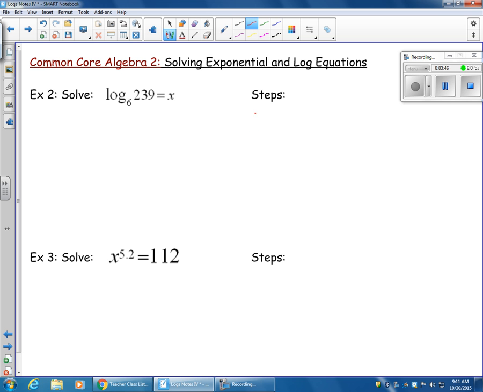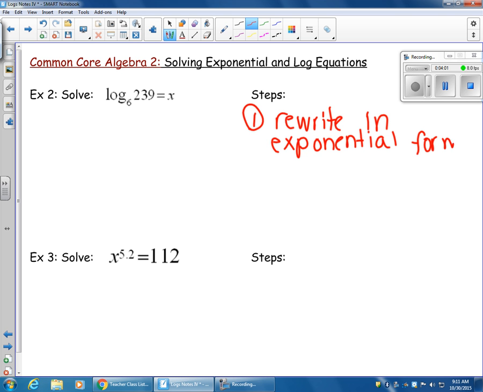So first step, rewrite in exponential form. So remember that's taking our base to that power equals that number.